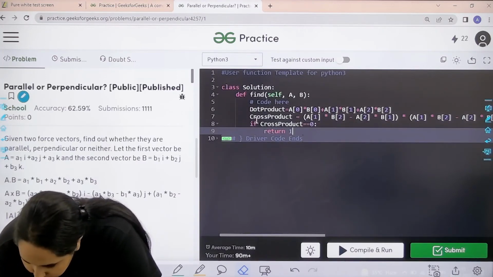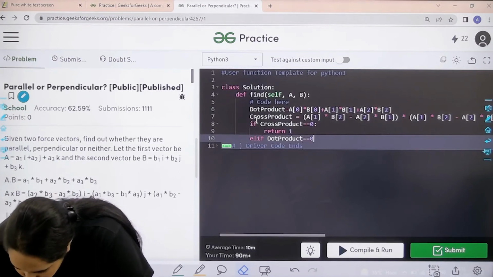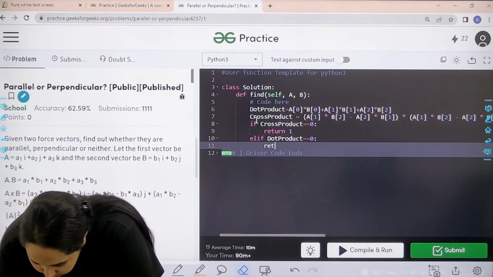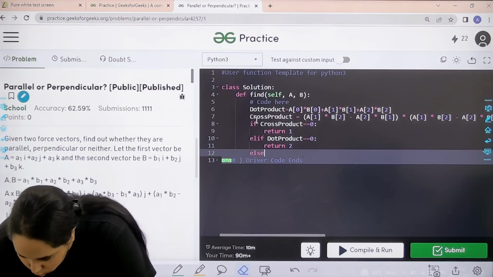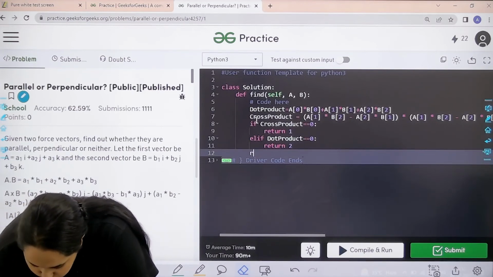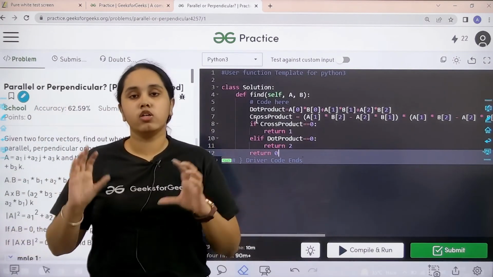Else if the dot product is equal to 0, then return 2. Else, if the product is not 0, I can directly return 0. That means it is neither perpendicular nor parallel.